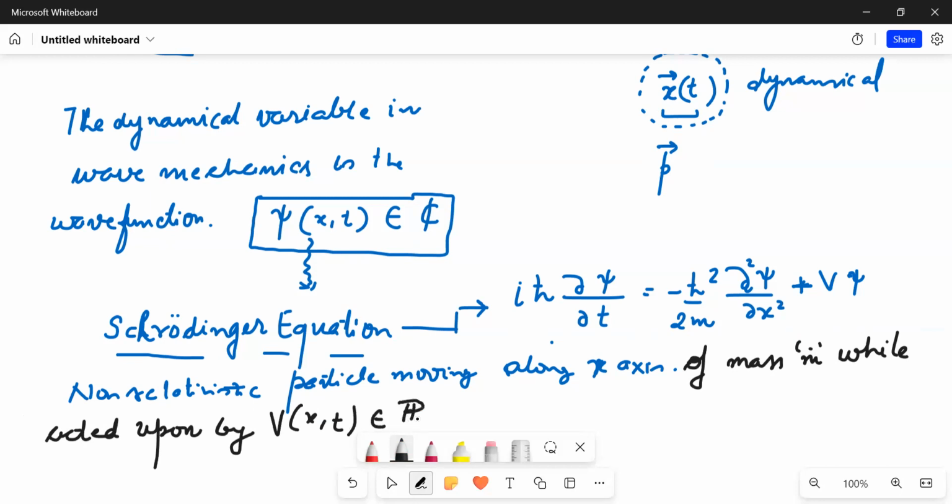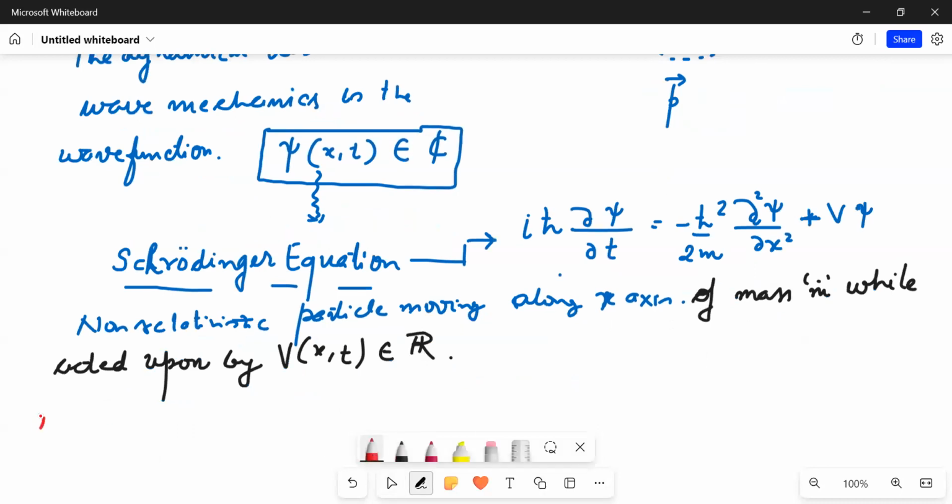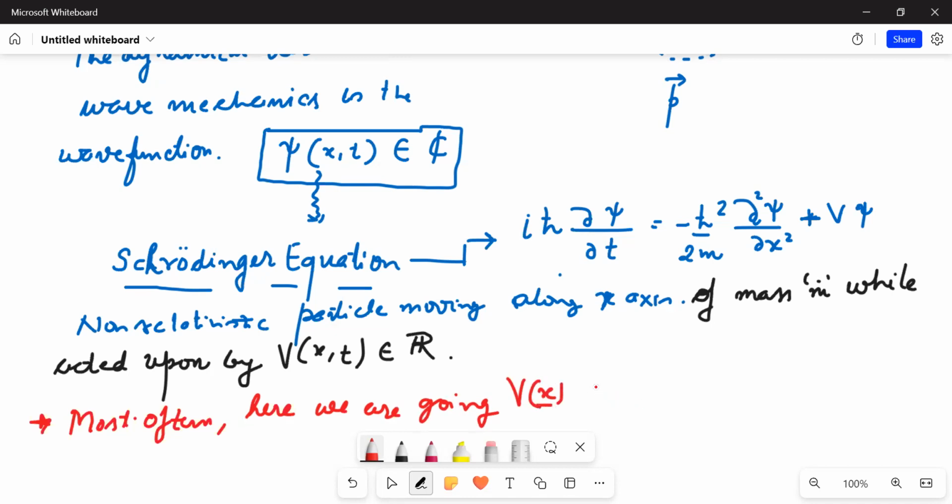For most of our studies in this lecture series, we are going to consider the potential to be time independent. So most often, here in this course, we are going to consider V generally only as a function of x, not dependent on time. So we're going to consider the potentials which are independent of time.